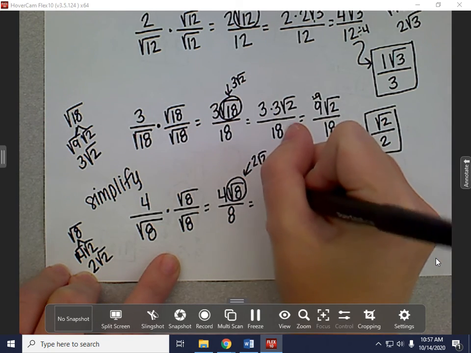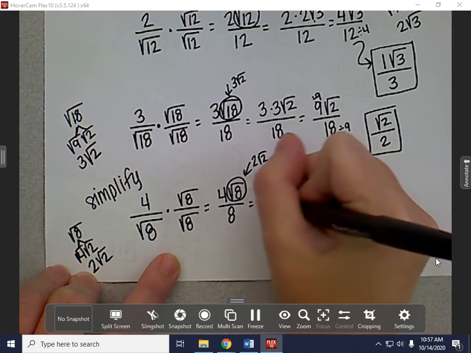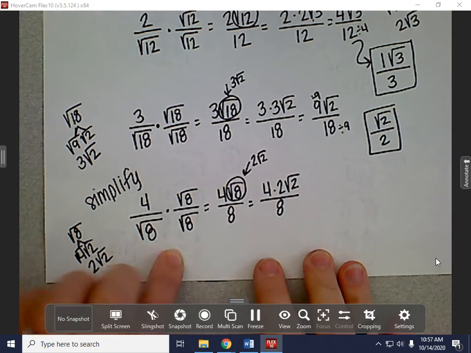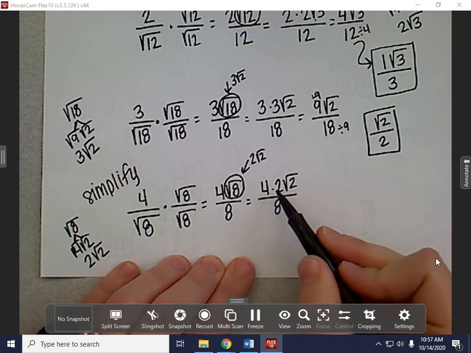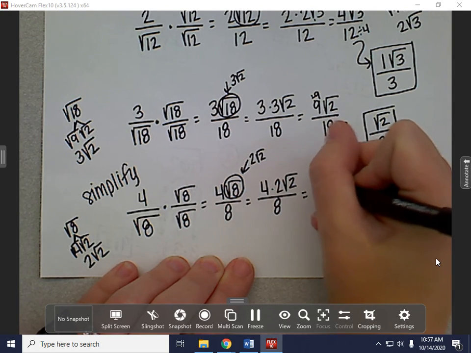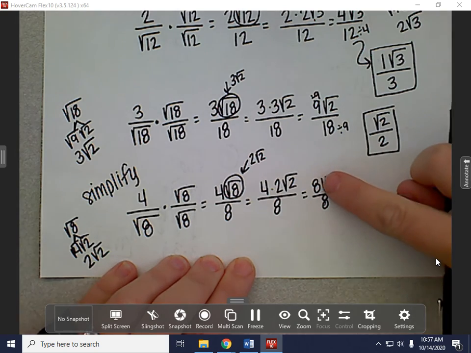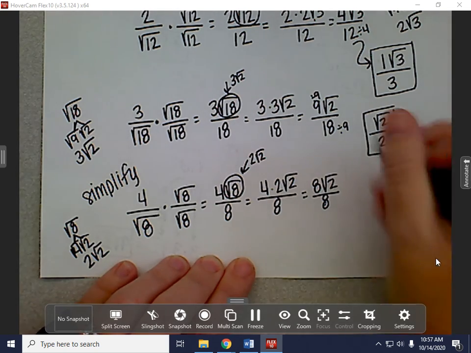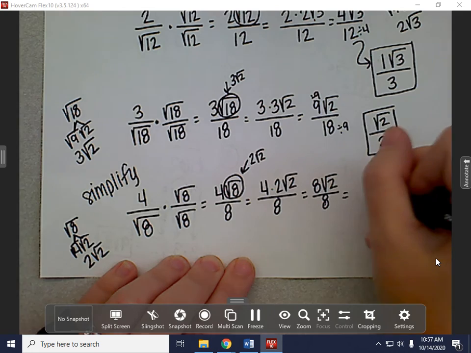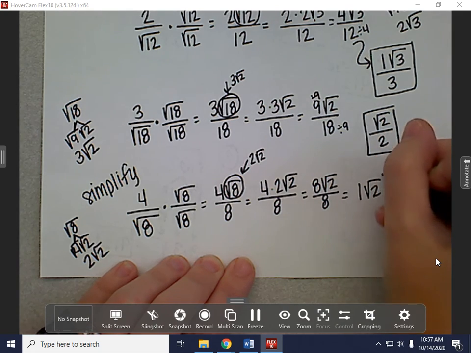So I'm going to replace that. Okay, so I get to here. I can multiply those numbers on the outside. So that gives me 8 square root of 2 over 8. And then last but not least, kind of ignore that and then just reduce your, those are obviously both divisible by 8. And you would just be left with 1 square root of 2.